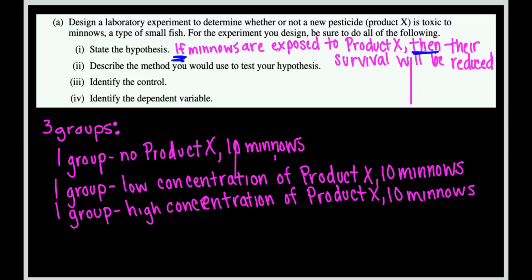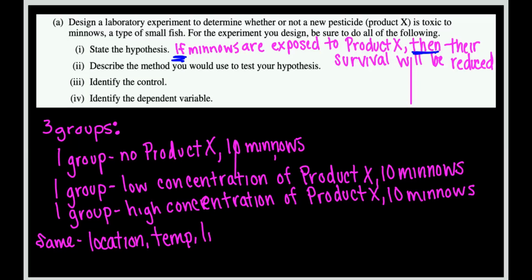The next thing I'm going to say is that all three groups are going to have the same location, temperature. Since we want to keep the water about the same, we don't want to put two groups in a windowsill and one group in the shade, right? We want to have them exactly together.